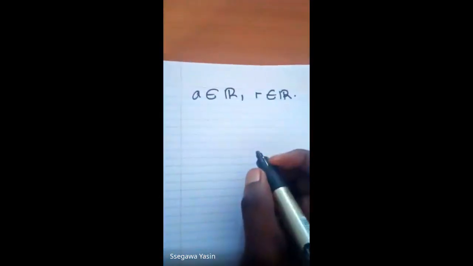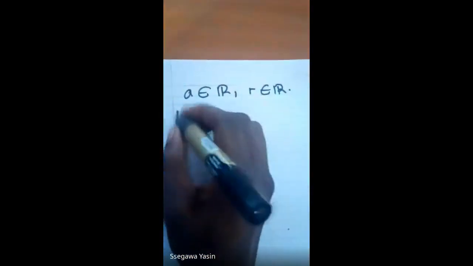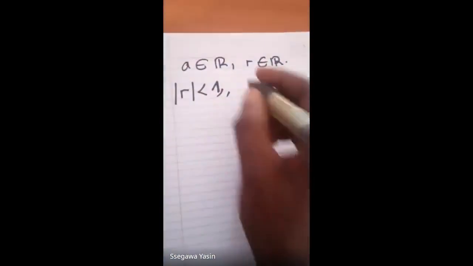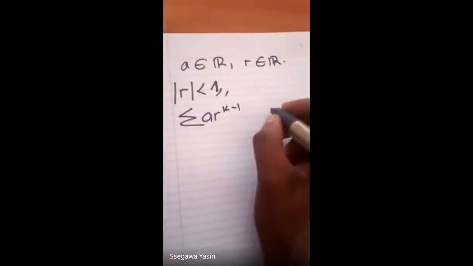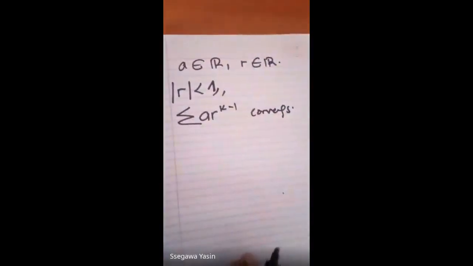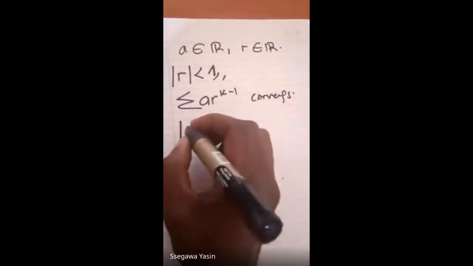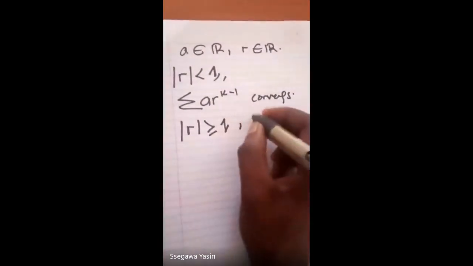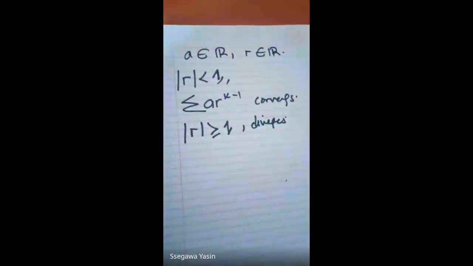And therefore, if you have a term with the magnitude of R less than 1, then automatically we say that the series of this kind converges. Otherwise, meaning that if our R is greater than or equal to 1, then it diverges. It is the only thing we use here to test.